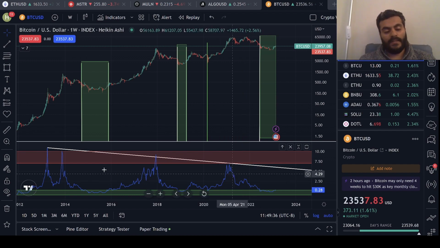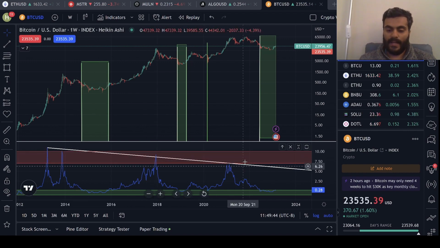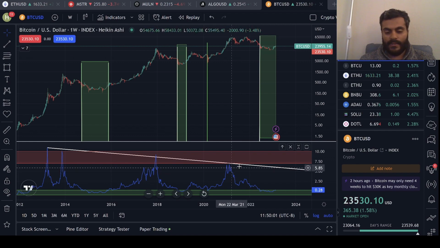So this white line indicates that the peaks of the Z-Score are also declining. Maybe that's due to the reduction between the market price of Bitcoin and the realized price, as more and more people keep on buying and selling Bitcoin.